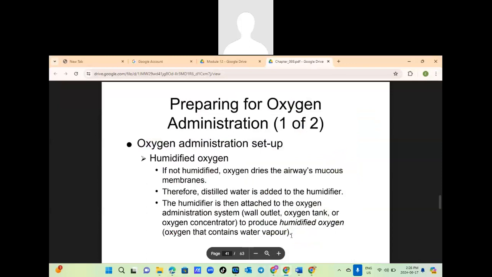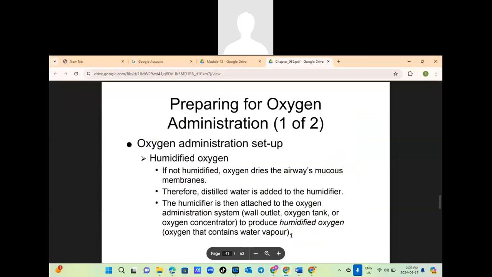Back to oxygen administration setup. Humidified oxygen: if not humidified, oxygen dries the airways' mucous membrane. Therefore, distilled water is added to the humidifier.